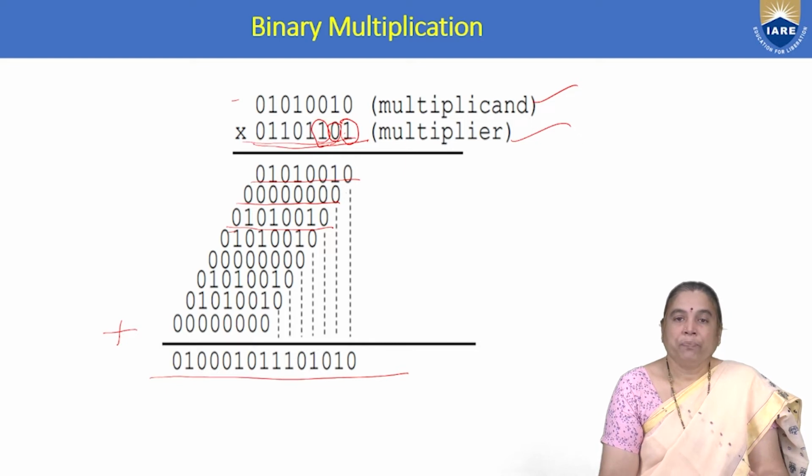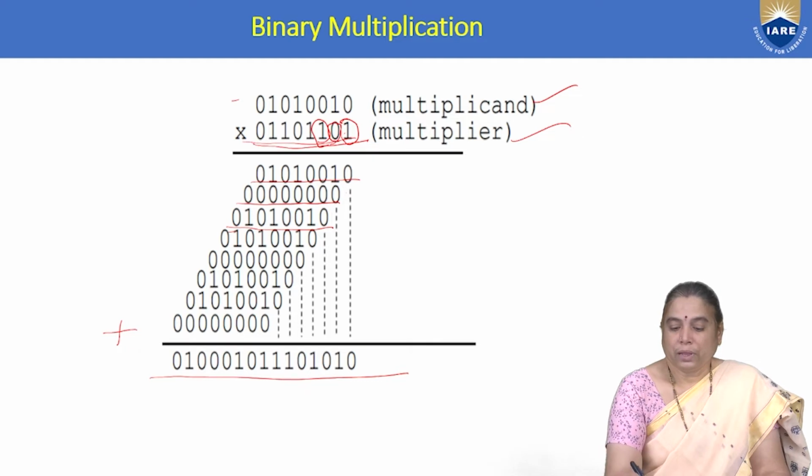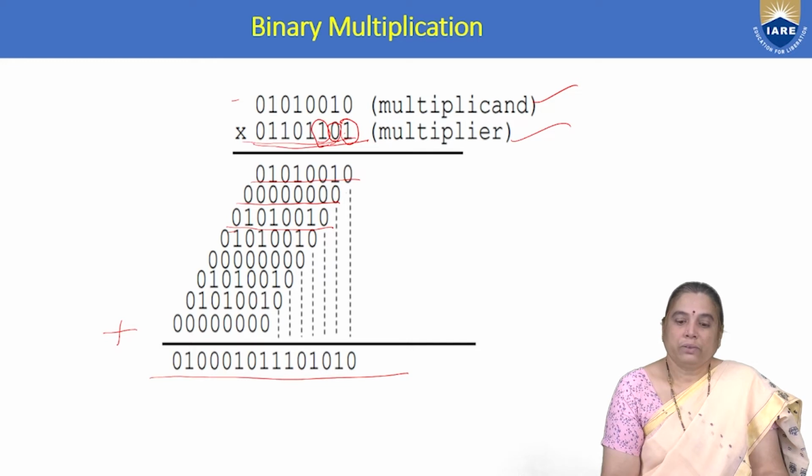In a similar way, binary multiplication is done. But in the binary system, the only possible digits are 0 and 1. In case of 1, the multiplicand is copied in the partial product. In case of 0, as many zeros as there are bits in the multiplicand are copied by shifting one position. After that, the partial product terms are added to produce the result.